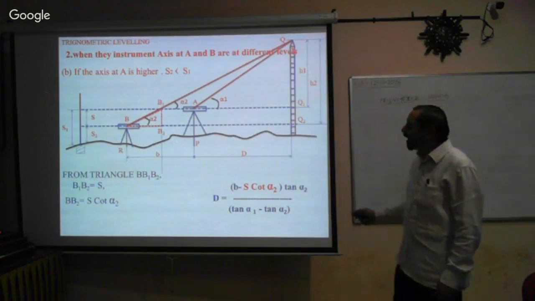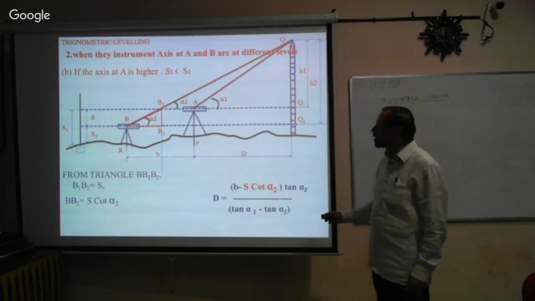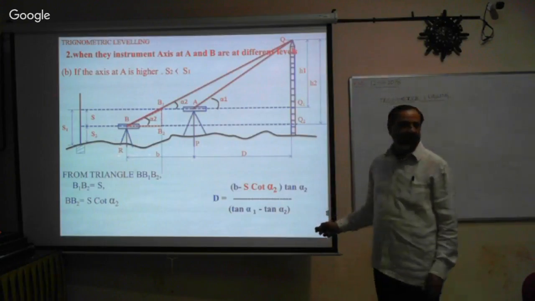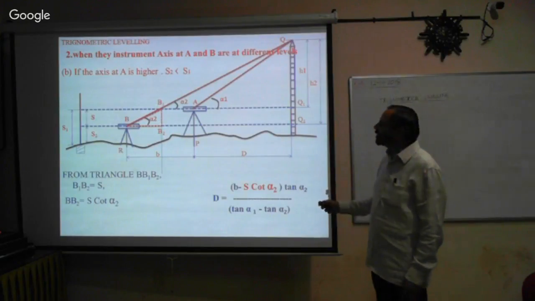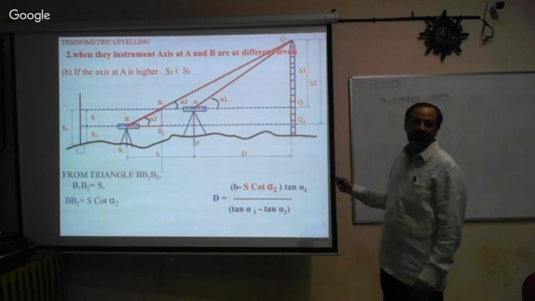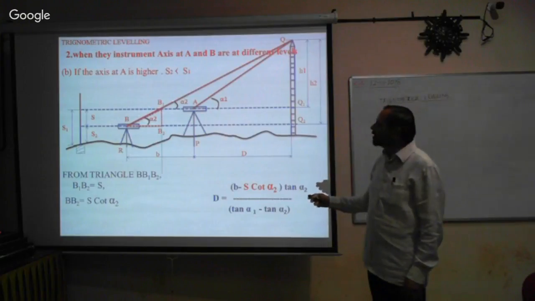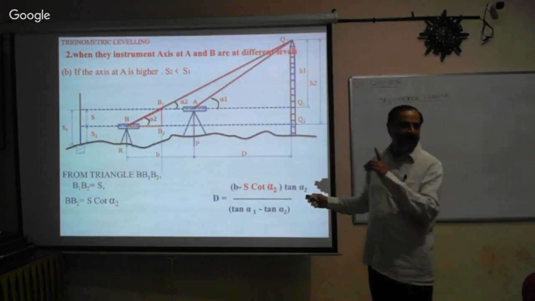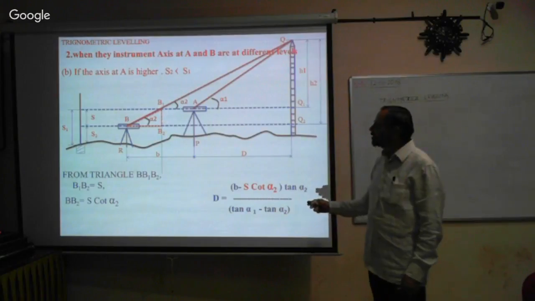Now let us calculate this distance from here to here. We have already measured it, and we know the distance is fixed by ourselves. Then let us calculate this distance because we are modifying the triangle. Now the triangle is QB1Q2. This is alpha 2 and this is also alpha 2, the same line with respect to the horizontal line. Now this is B1, B2.